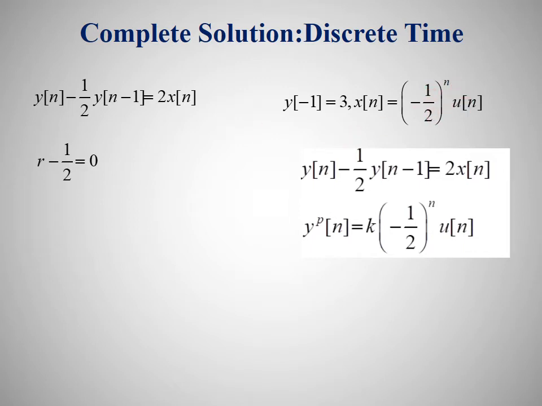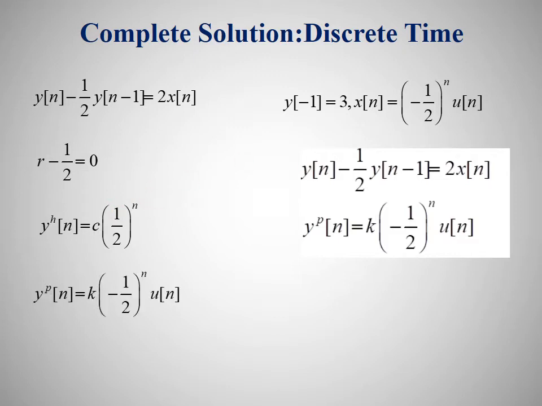The characteristic equation of this particular case is, it is not a second order difference equation, it is a first order, so r minus half is equal to 0. Hence, the homogeneous solution is yh of n is c into half power n. The particular solution has been considered in the earlier case as yp of n is equal to k into minus half power n u of n, and this has been brought in here.